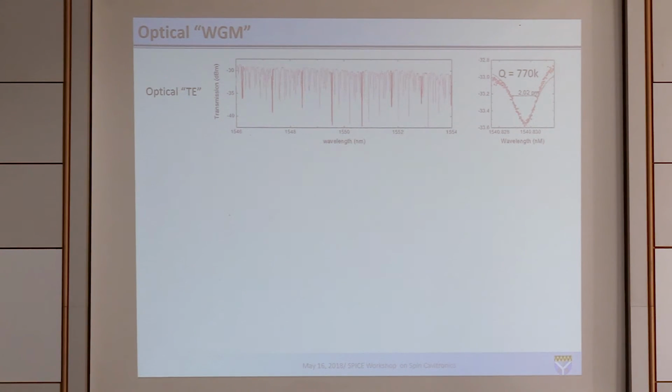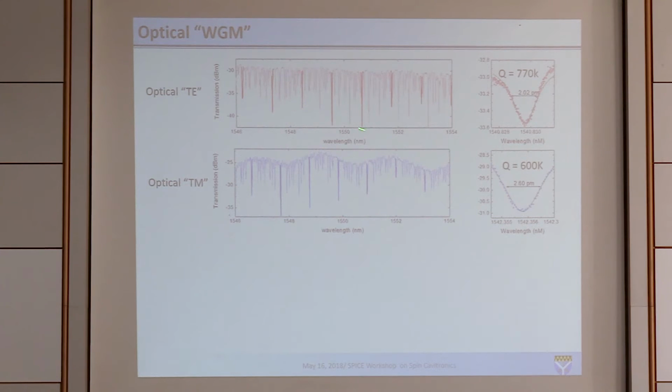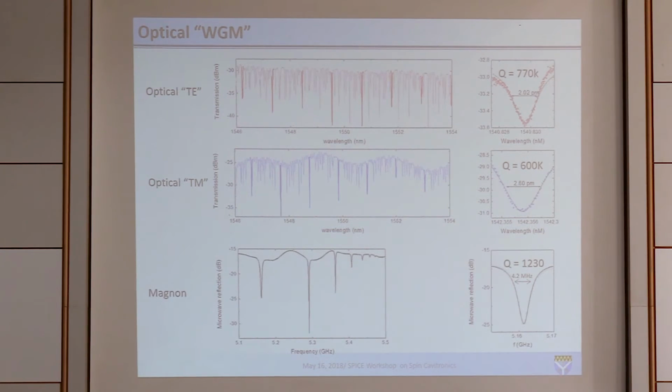The TE mode and TM mode have different modes. I call them by quotation marks because in this sphere, they are not really TE mode and TM mode anymore. They're different, so both Qs can be very large. And here's the magnon mode, or different orders of magnon modes.